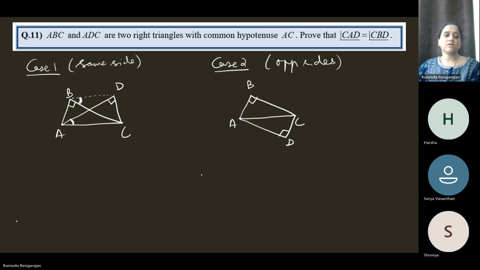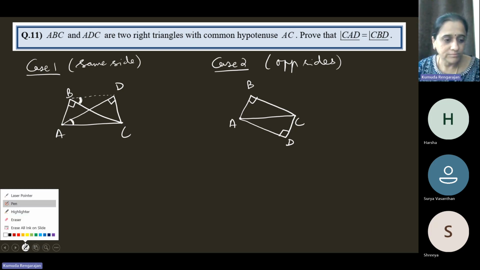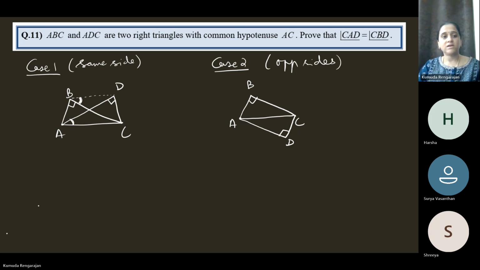Now, since angles ABC and ADC are both equal to 90 degrees, that means if you draw a circle, it will pass through the points A, B, D, and C. Why?